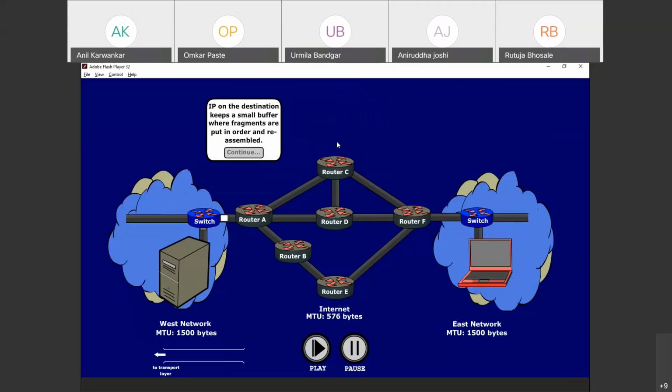The identification number is checked and then only the packets are reassembled. So the reassembled packet size will be 1300 bytes and these 1300 bytes will be then handed over to the transport layer. That's how the datagram is fragmented, defragmented based on the maximum transfer capability of the networking devices.